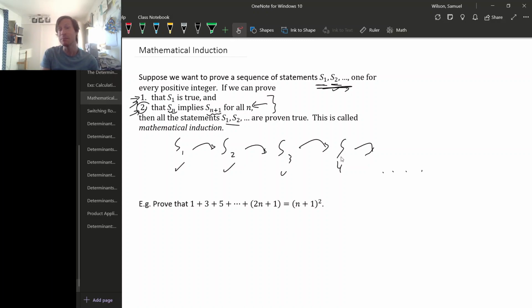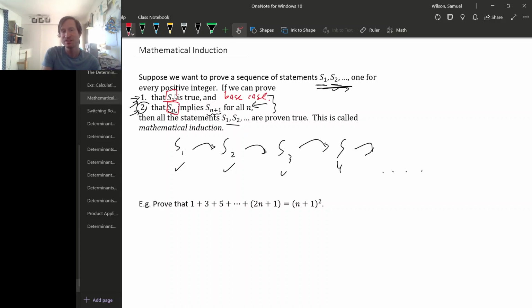So this can be a really powerful technique because it gives you this extra assumption. Sometimes proving these statements individually would be quite difficult, but having this structure of all of these statements in a list lets us prove maybe the simplest one. This is usually called the base case. Usually the base case is relatively easy to show.